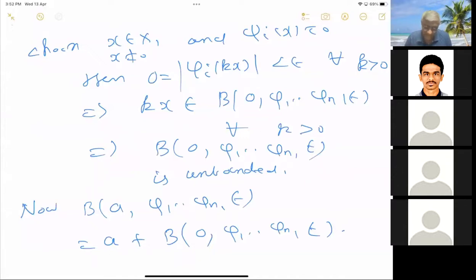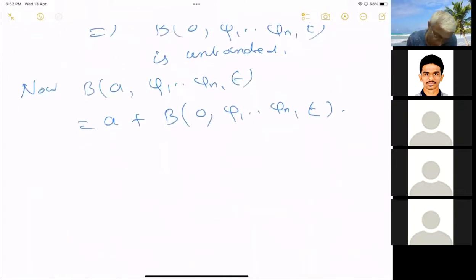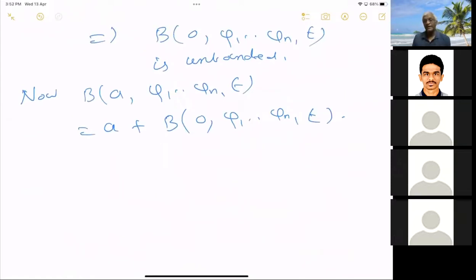Any vector there looks like a plus x, for x something here. It's clear. So because of this, any weak neighborhood is unbounded when X is infinite dimensional.